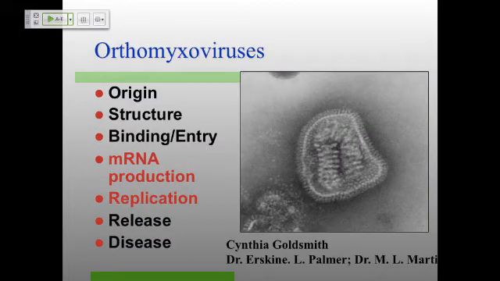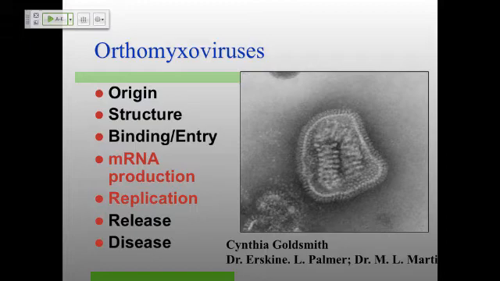So origins, again, we'll talk about disease at the end. Structure, the structure of these guys is really kind of blobby again, rather like what you see for the paramyxoviruses. I love this micrograph because you can see here the individual chromosomes in this particular virion, which is really to me kind of mind-blowing.